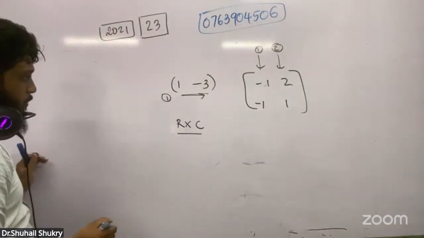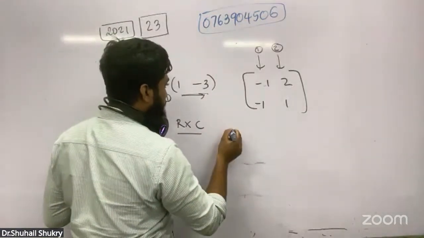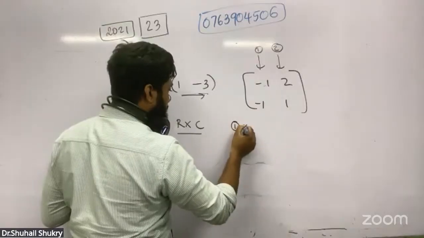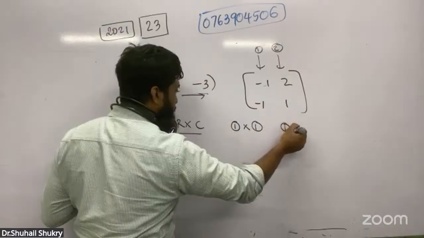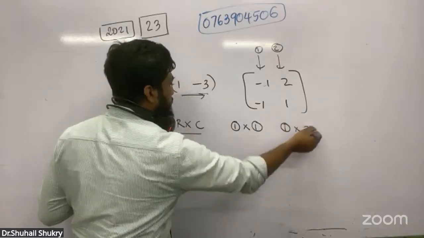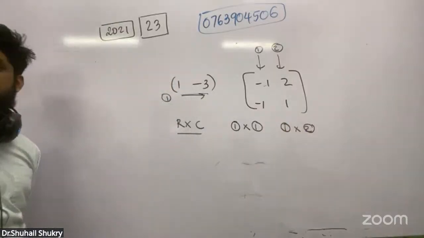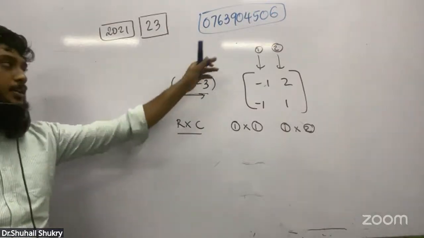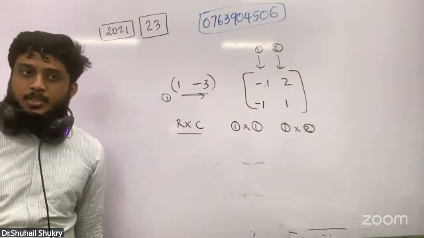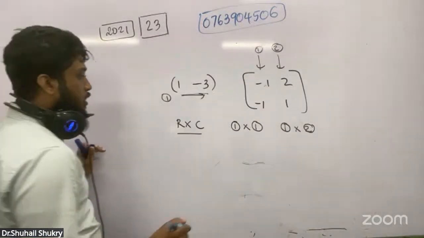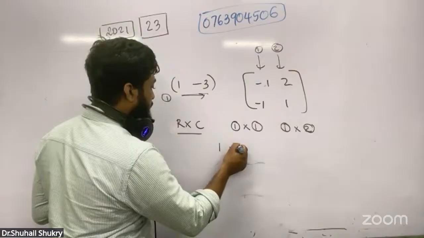When you are going to multiply, we have to multiply like this. First row, I have to multiply by first column. After that first row, I have to multiply by second column. Easy? First row multiply by first column. What is the first row? 1 minus 3.